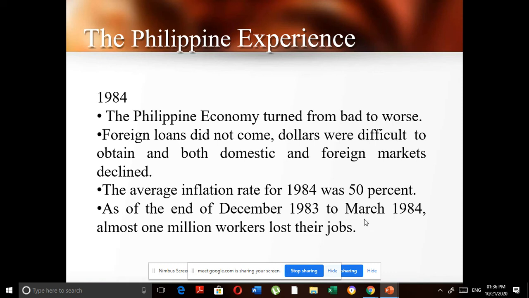Foreign loans did not come. Dollars were difficult to obtain, and both domestic and foreign markets declined. Average inflation rate for this year was 50%. From the end of December 1983 to March 1984, almost 1 million workers lost their jobs.